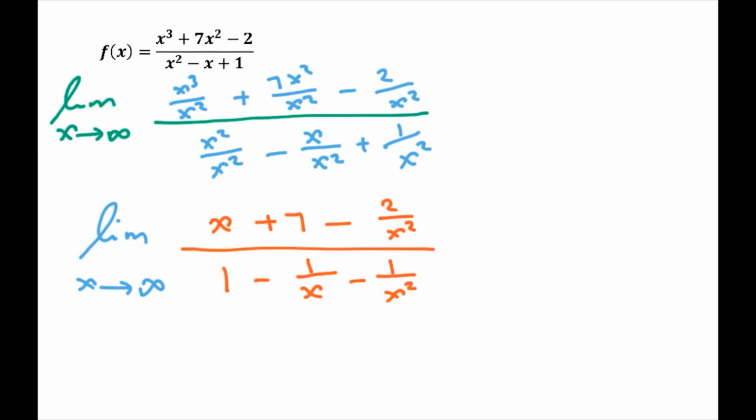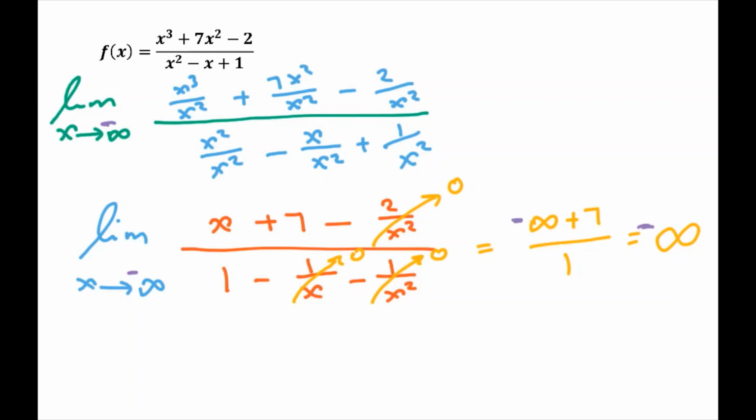Now substituting by infinity, that's going to be 0, 0, and 0. What is left? Infinity plus 7 over 1. That infinity plus 7 is infinity, divided by 1 is infinity. Now if we make it negative, that's going to end up negative infinity here. So let's change this: if I put negative, negative, the difference will come here, and that's it.